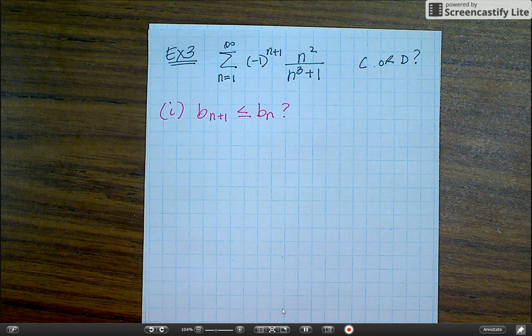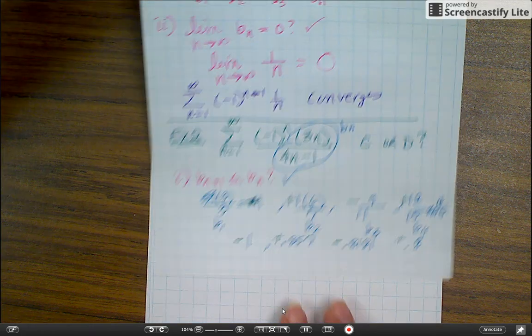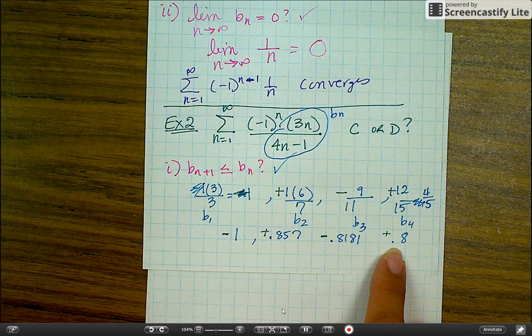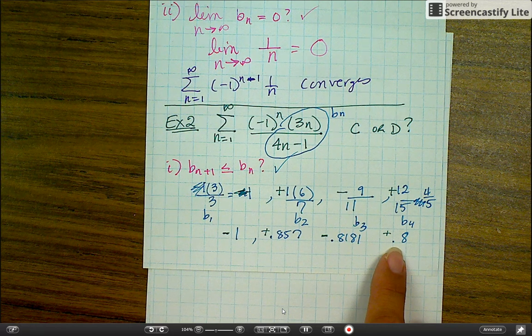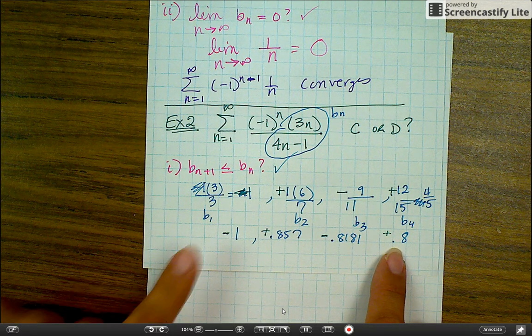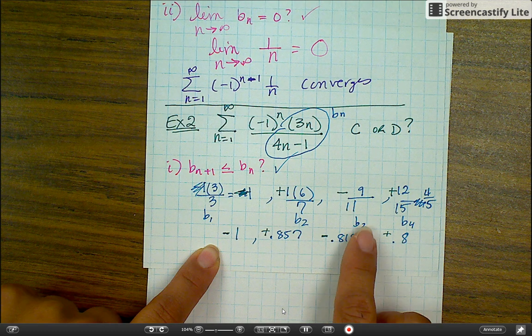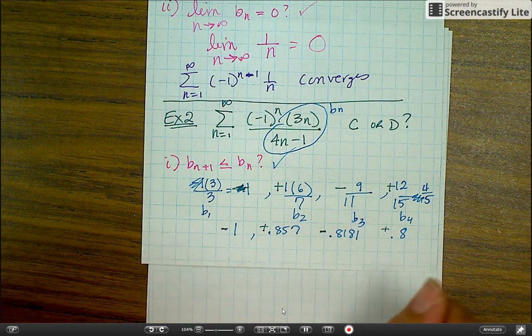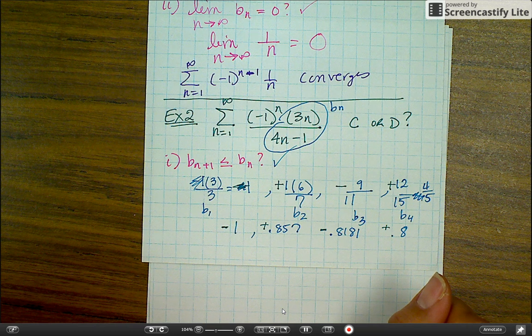Now, let me go back to this guy really quickly. We could sit here and do this for some time, and if we got a whole bunch of numbers with fractions, and I had to go to my calculator and put it in decimal form, we weren't too sure if this is decreasing.